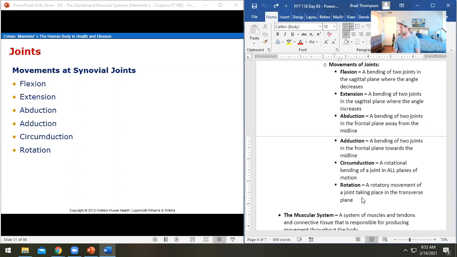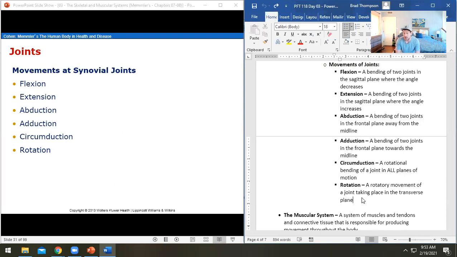This is left to right rotation. But even just going like this, right? This is internal rotation. This would be external rotation, right? Because I'm coming from the anatomic position. I bring my thumbs in, right? That's internal. If I go from here and I go back out, that's external, right? So those are my rotational movements, internal or external. And that was transverse movement, right?